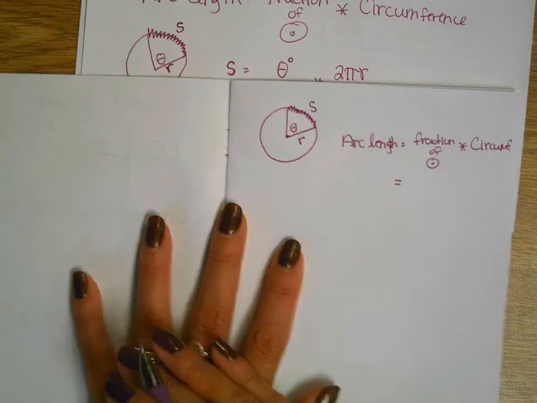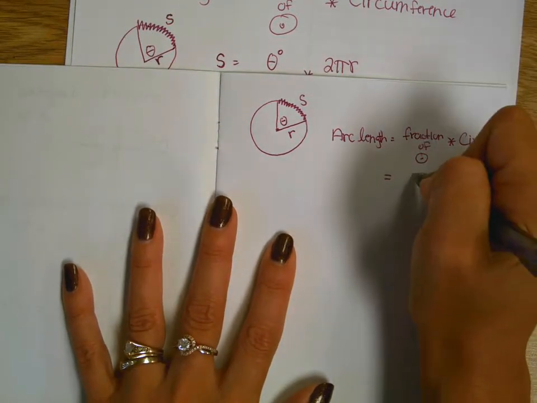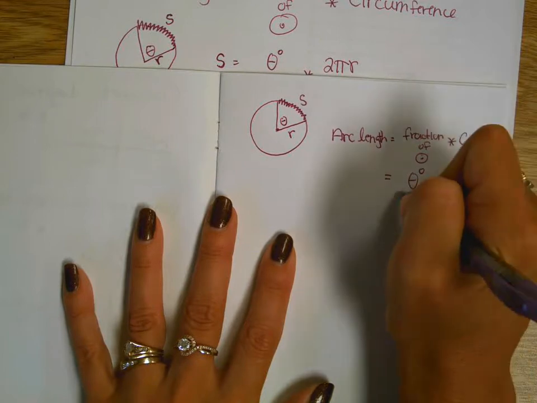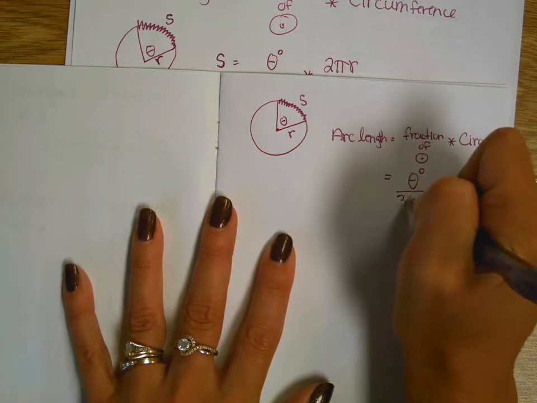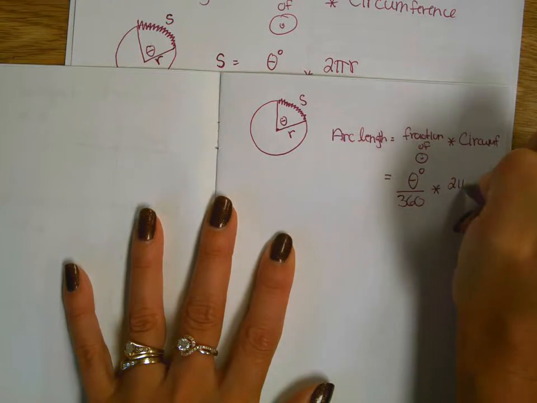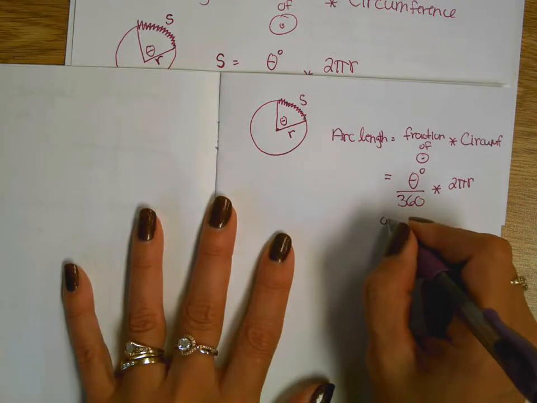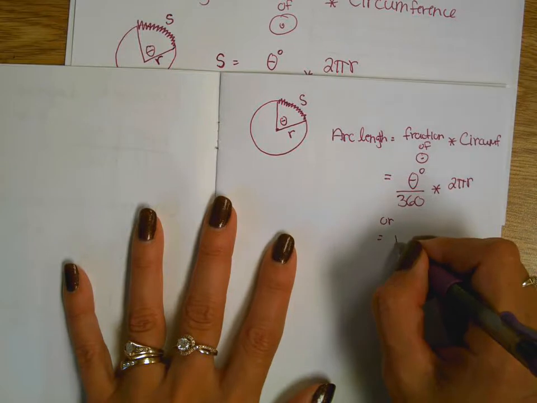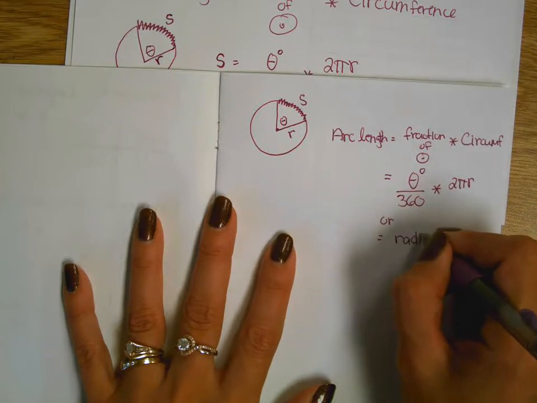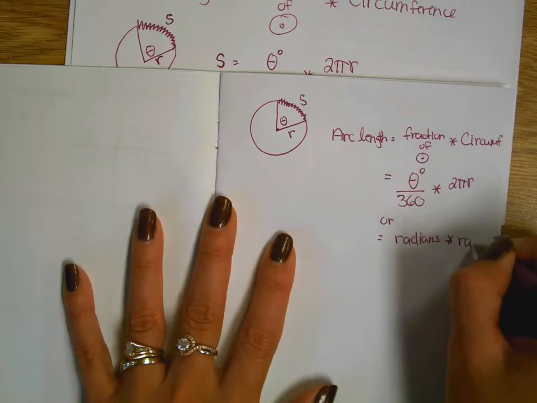So I'm going to put both formulas down after that. So it's the degrees divided by 360 times 2 pi r, or it's the radians multiplied by the radius.